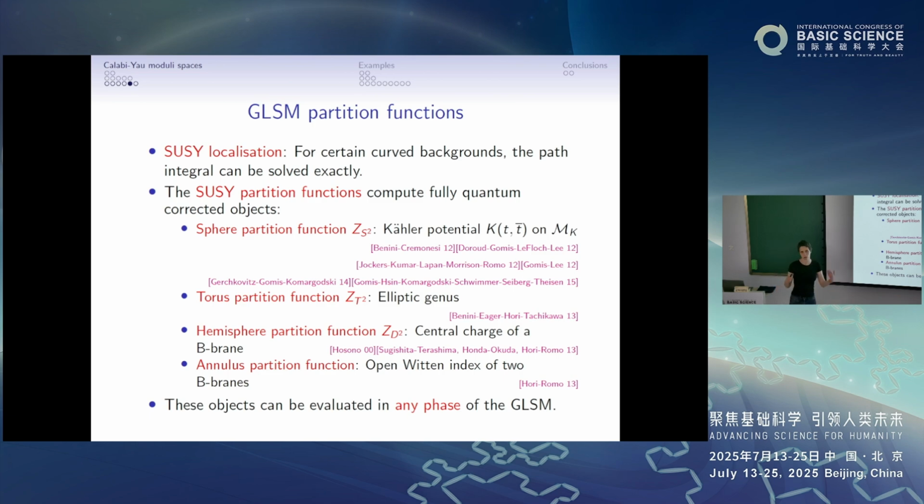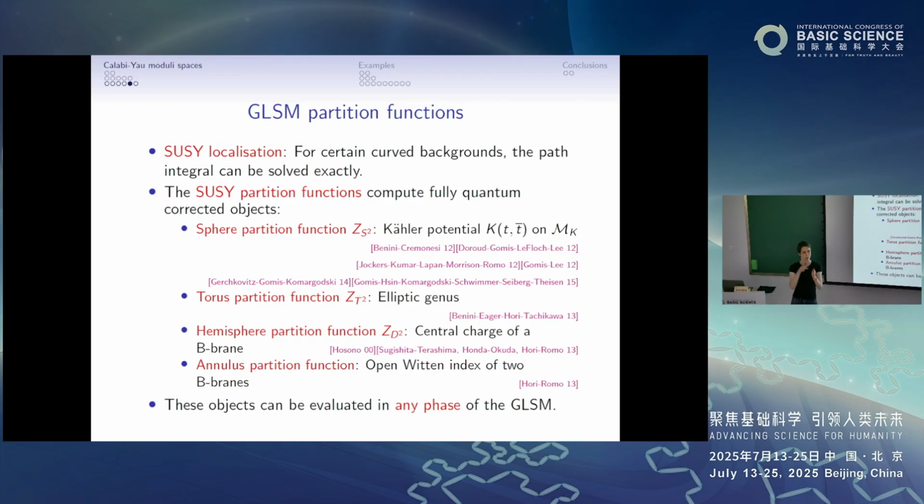And all these partition functions are contour integrals, and especially those I'm going to discuss depend on these Kähler parameters, on the FI theta parameters. So basically, you can evaluate these partition functions in a phase by closing the contour in such a way that you get a convergent result.